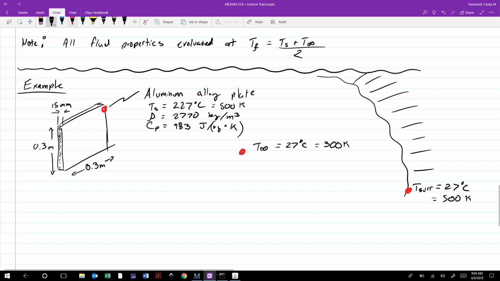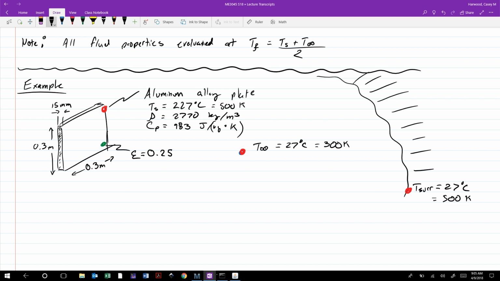And finally, we're going to say that the surface of this plate here has an emissivity of 0.25.